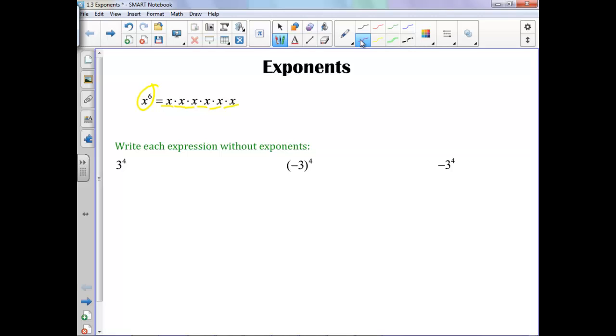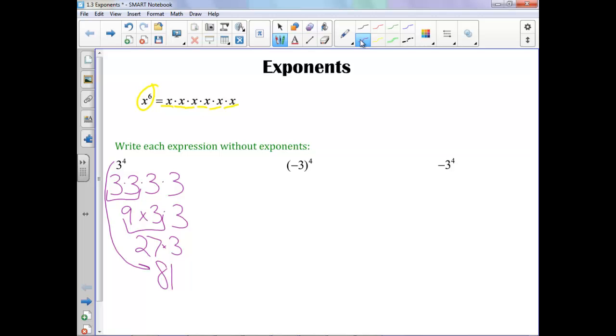So this first one just means it's 3 times 3 is 9, times 3 times 3. 9 times 3 is 27, times 3, so we'll get 81. So 3 to the 4th is 81.